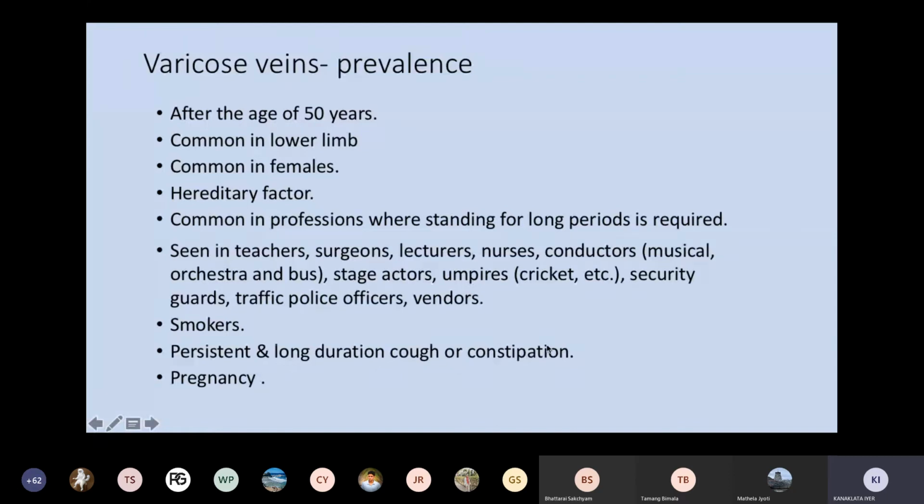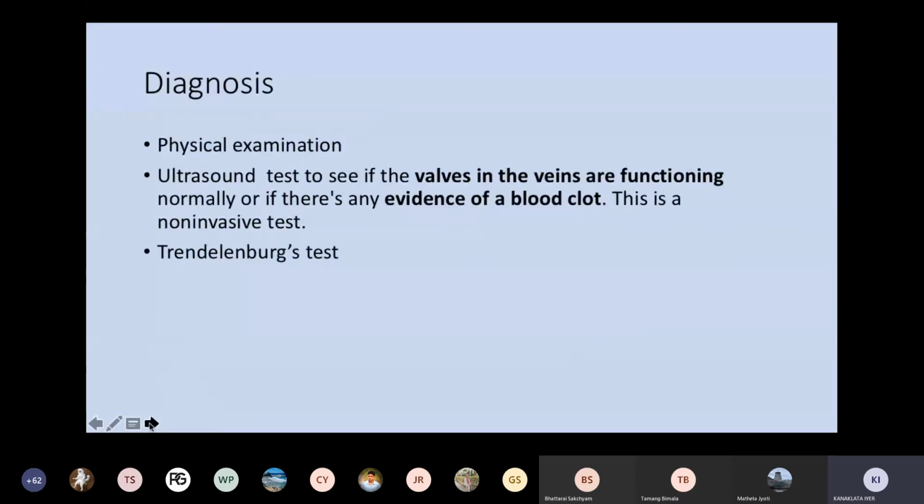Similarly, if there is constipation or cough, there is a constant pressure on your abdominal contents, you are straining or the pressure is increasing, and when that is happening, venous return suffers. That is why in these people, if it is chronic constipation or chronic cough, this will keep on happening, and that is why it will give rise to varicose veins.